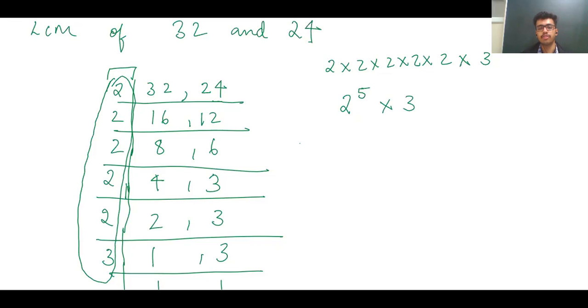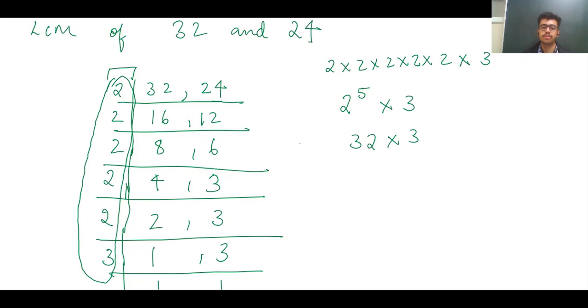So what is 2 to the power 5, or 2 into 2 into 2 into 2 into 2? 32. So this is 32 into 3 into 2, that is 32 into 6.